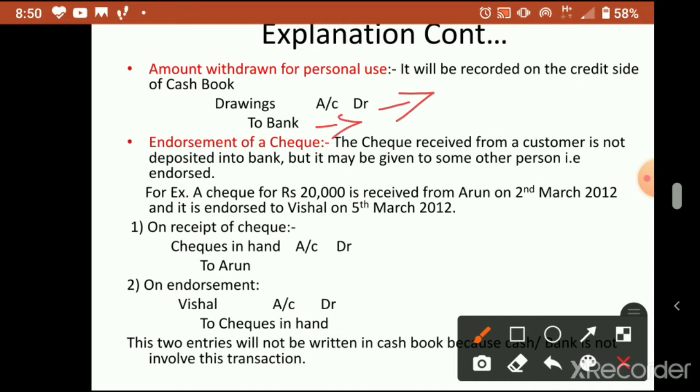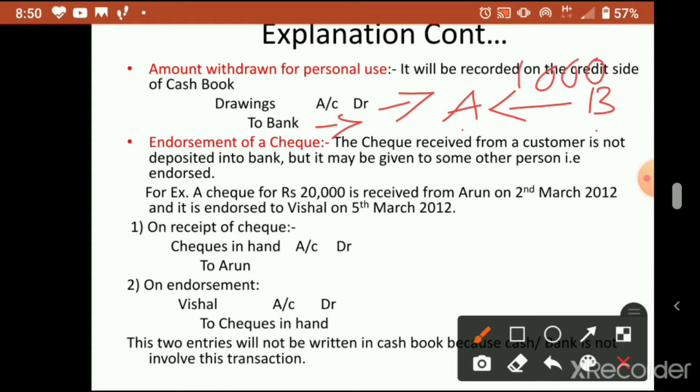Okay, now next is endorsement of a check. Endorsement means, suppose A received a check from B. Okay, understood? B has given a check to A for rupees 1,000.